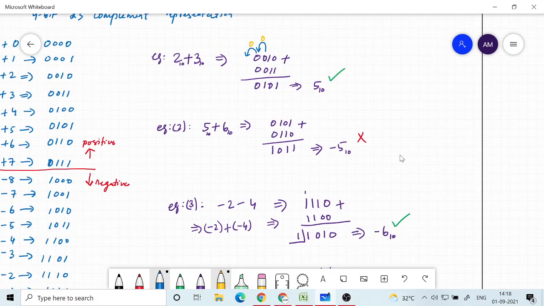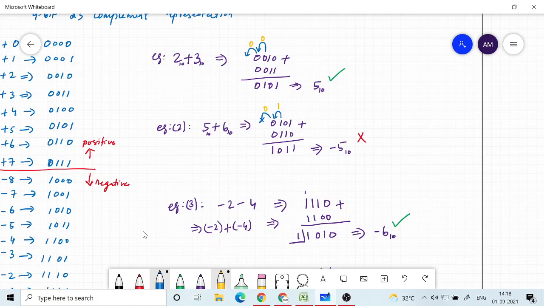While adding these numbers, we had a carry coming here, after adding 1 plus 1 a carry is coming. Then finally you have that carry added with the 2 zeros, so there is no carry. So here there is 1 and here there is 0.